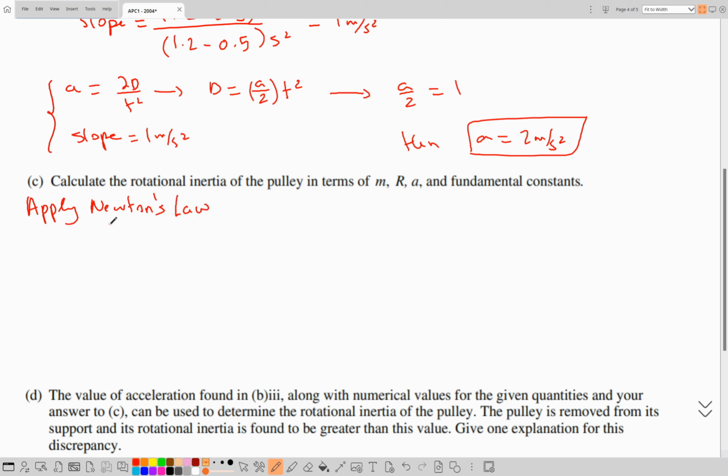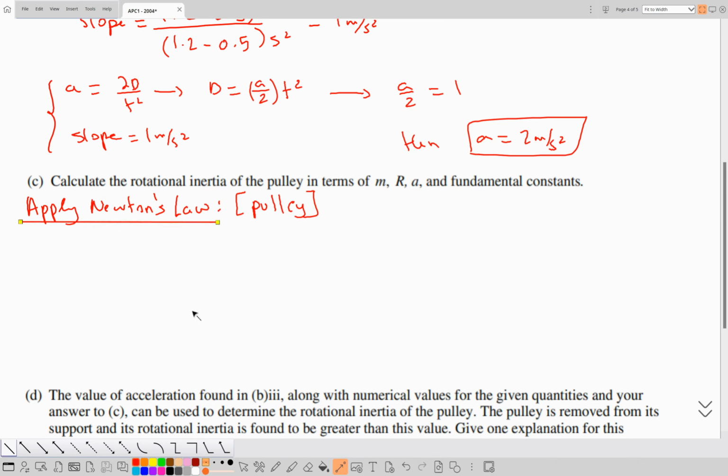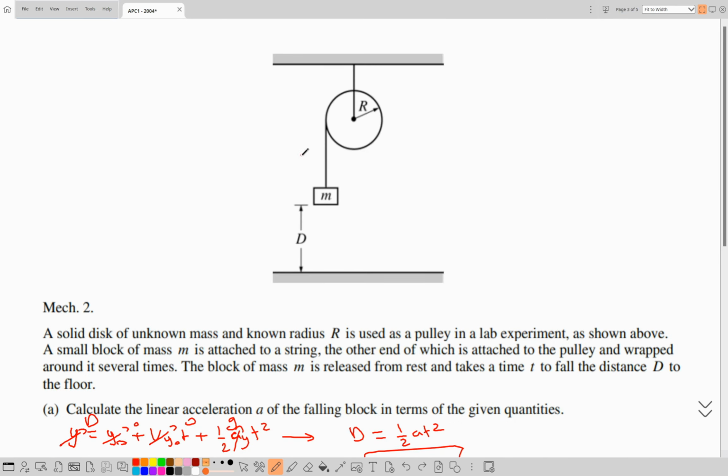Now here it's not very important whether we say translation or rotation, but let me identify that we're interested now in the pulley. Which means the net torque is equal to I multiplied by alpha. And what are the different forces acting on the pulley?